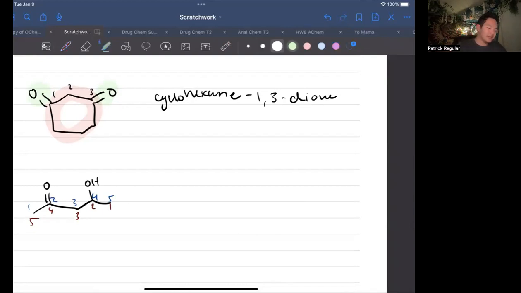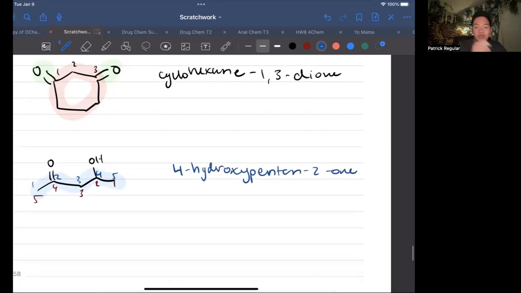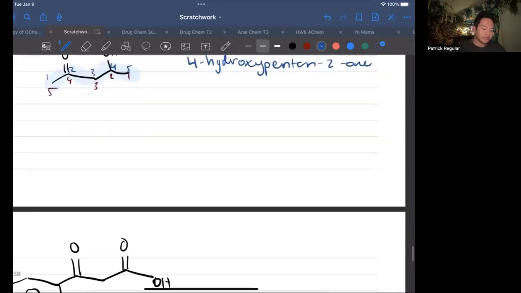So we would go with the blue numbering. So your hydroxy, your OH, is now a branch: 4-hydroxypentan-2-one. Remember, you drop the E, there's only one.